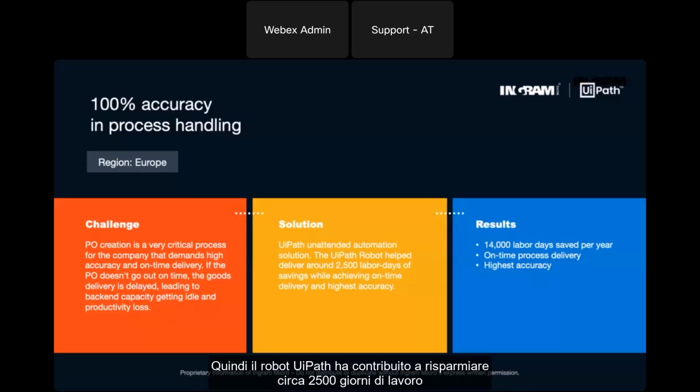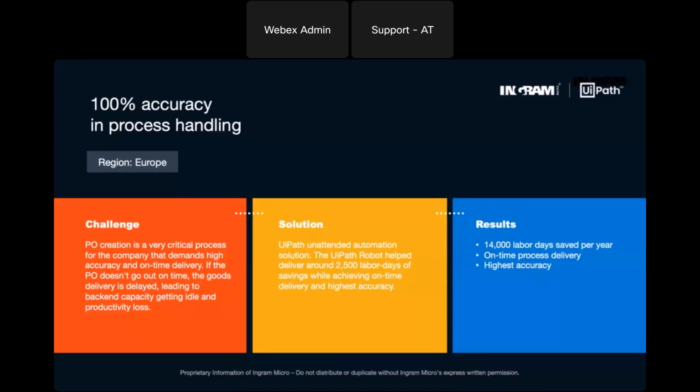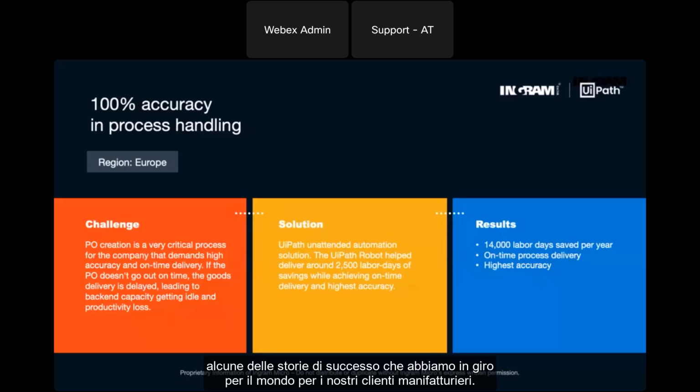So the UiPath robot helped deliver around 2,500 labor days of savings while achieving on-time delivery and highest accuracy for the process. Now, these are, again, some of the success stories that we have around the globe for our manufacturing customers.